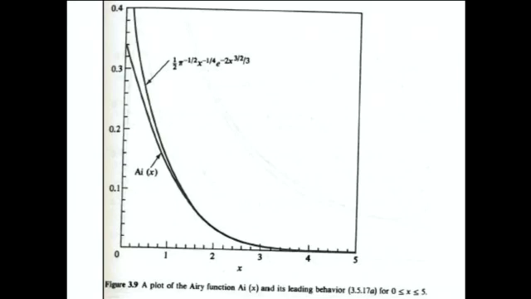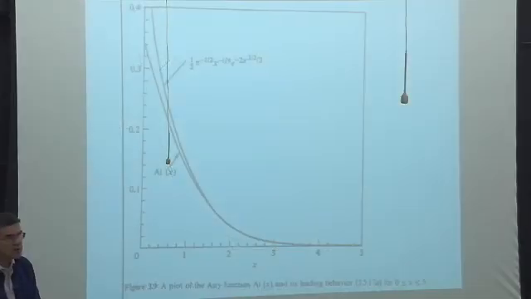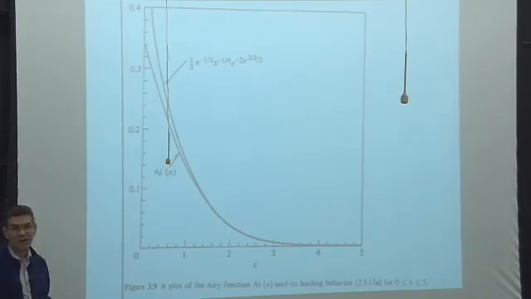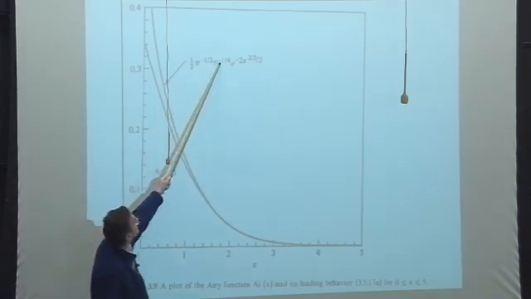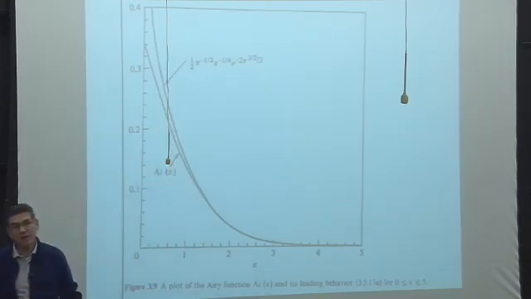But here is our simple asymptotic approximation. It's simple and elegant, and you can do things with it. You can't differentiate ai of x; the derivative is ai prime of x. But if you really want to differentiate it and find its slope, you can differentiate this. That's a simple elementary function of x.